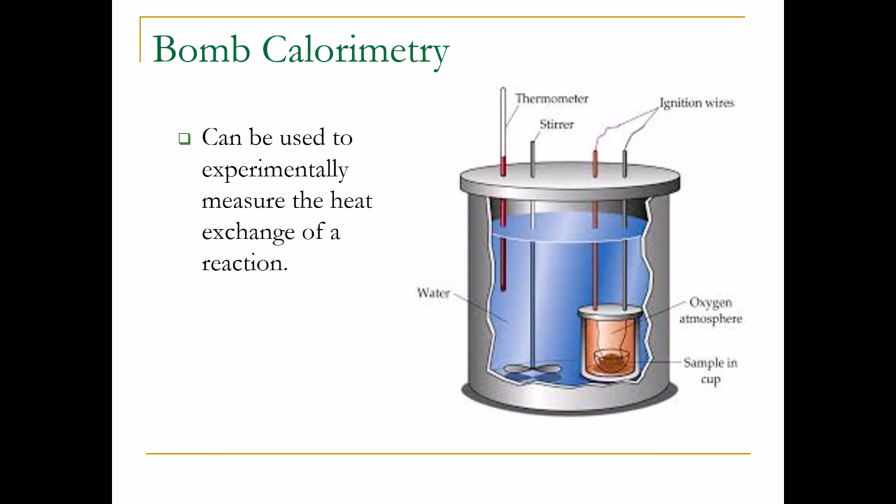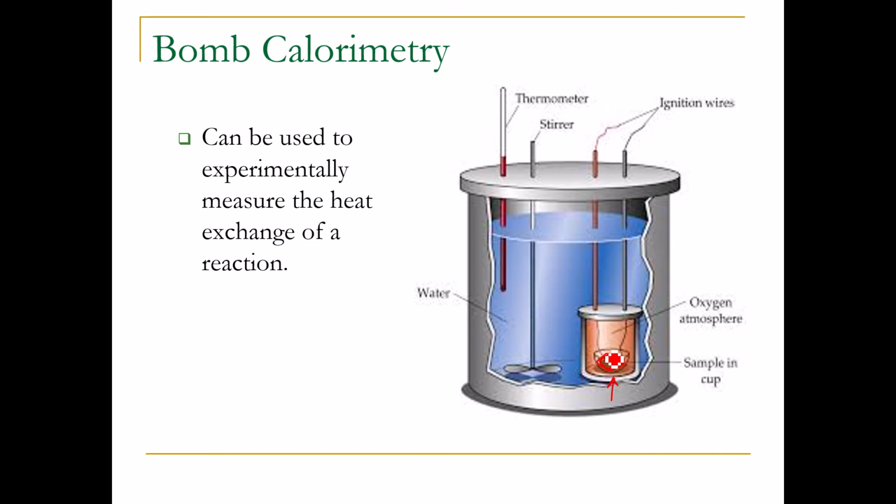So here's a diagram of a bomb calorimeter. A bomb calorimeter is a type of calorimeter that causes a combustion reaction for the chemical reaction. So down here in this little area, we're going to put our system of choice. So here's whatever substance we're trying to study as our system. We put that in a small dish.